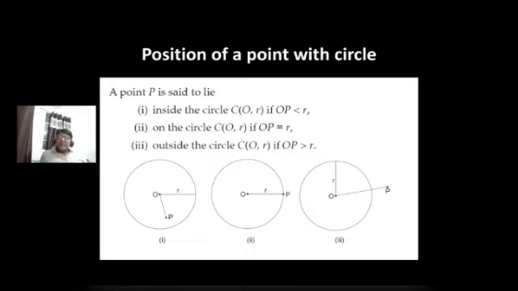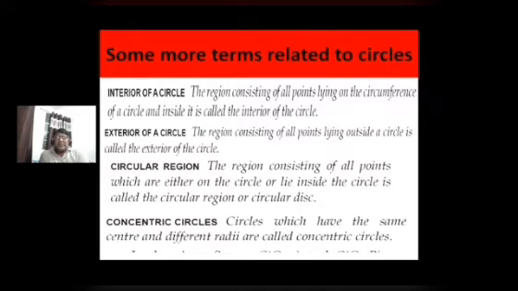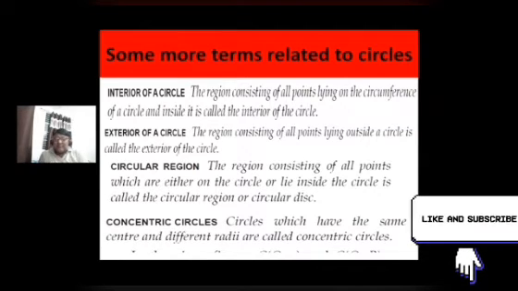Now some more terms related to circle. Interior of a circle. It is the region consisting of all the points lying on the circumference of a circle and inside it. Exterior of the circle, the region consisting of all those points lying outside the circle.